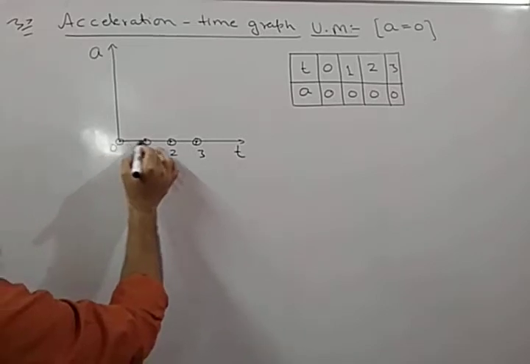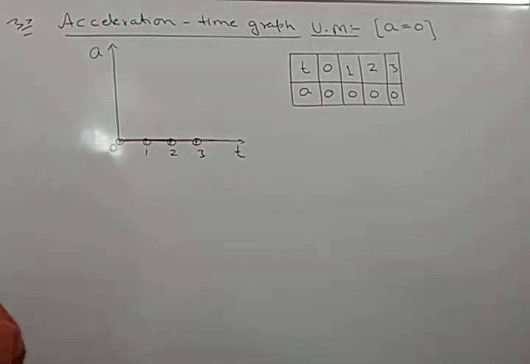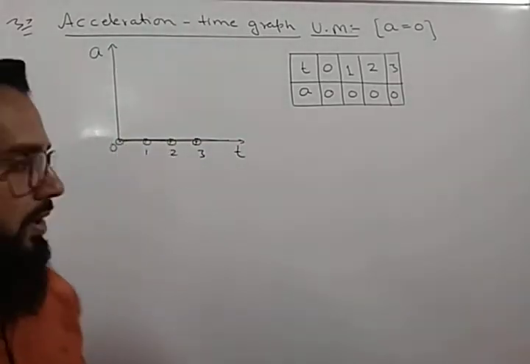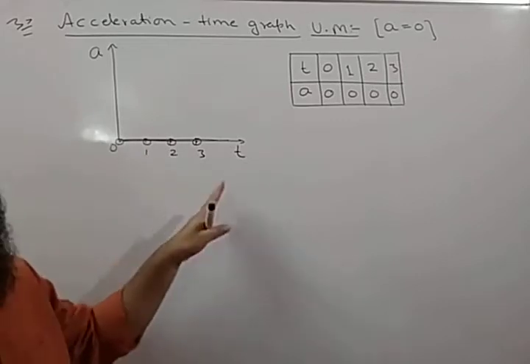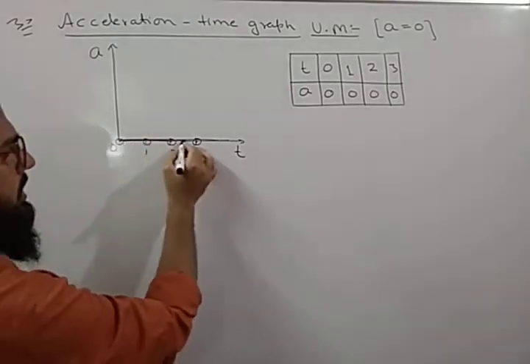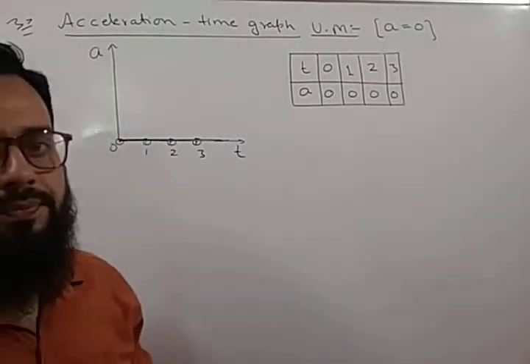If we join all these points, then this line will lie on the time axis itself. It means the acceleration-time graph for a uniform motion will lie on the time axis itself. We will darken this line and we get the graph of acceleration-time for uniform motion.